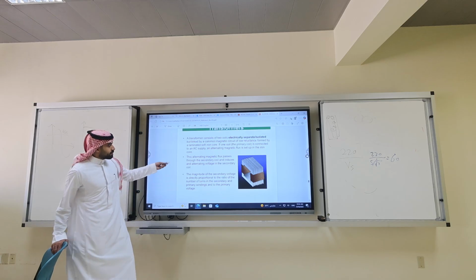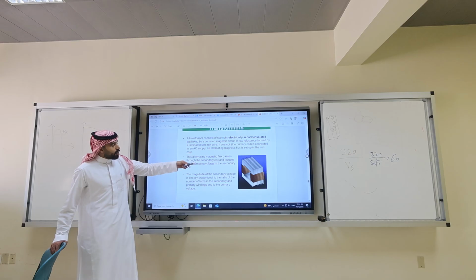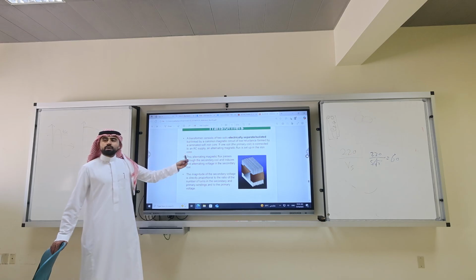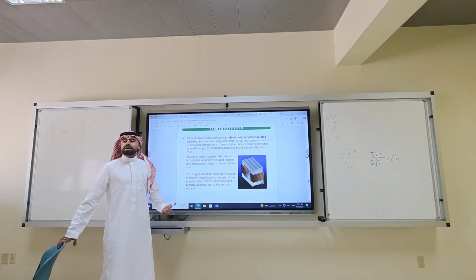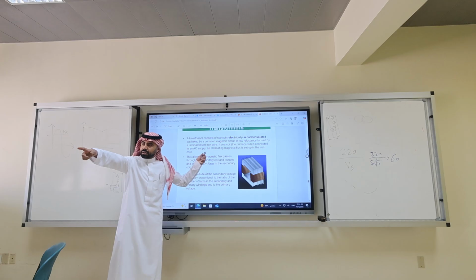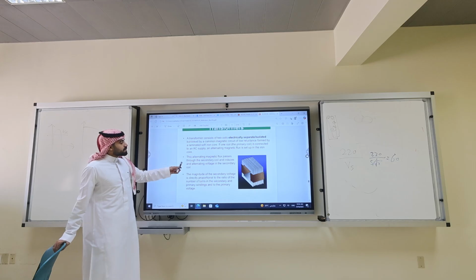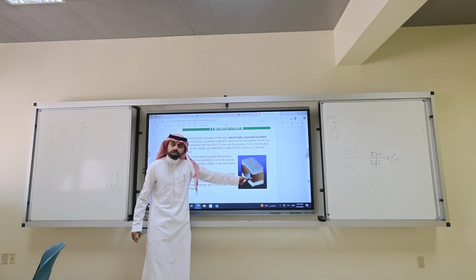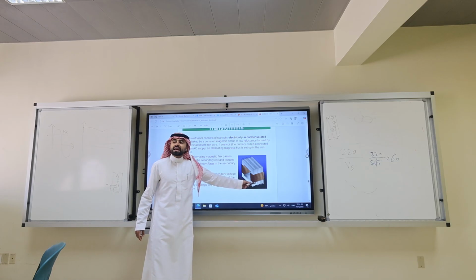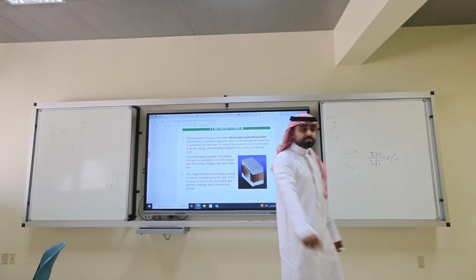Google it, okay? Now, in a transformer, are we allowed to use DC? We are not allowed to use DC, and I'll show you in a second. AC current in the primary gives you AC flux, and that AC flux induces a voltage in the secondary side that is also AC.